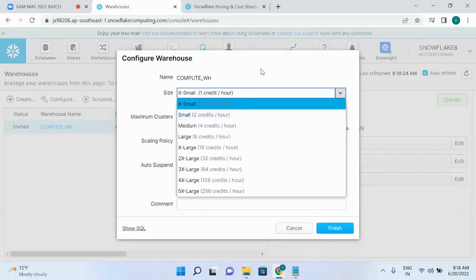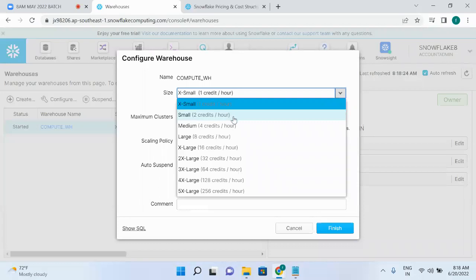If you observe, we have extra small up to 5X large, but 5X is still in review, up to 4X large. No one will utilize more than extra large or large. It depends on the organization, because the credits and charges will be more.